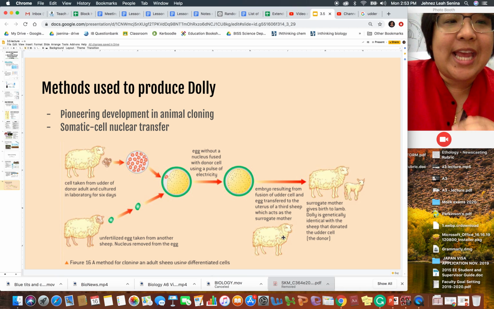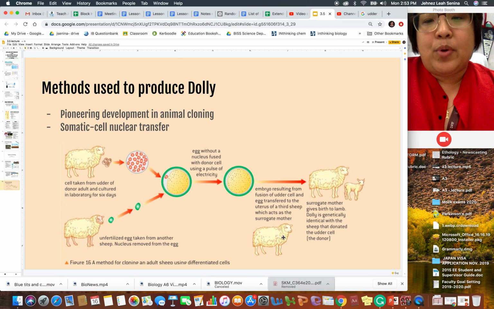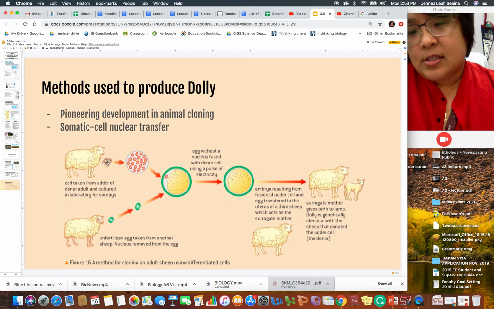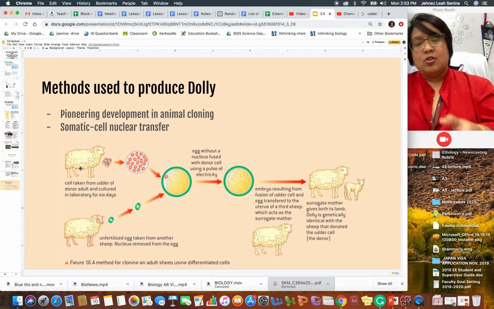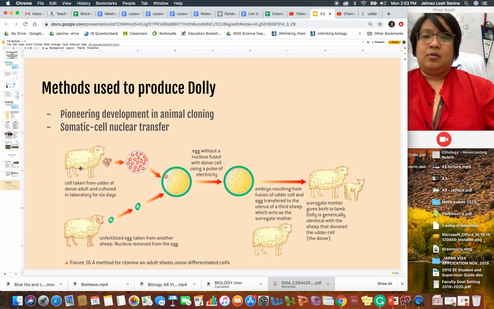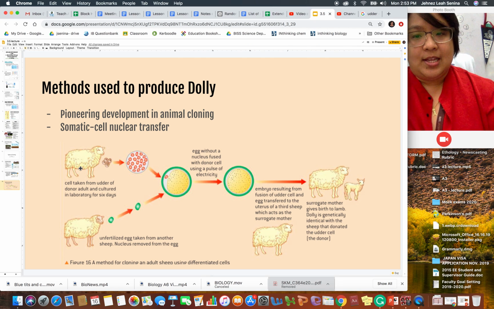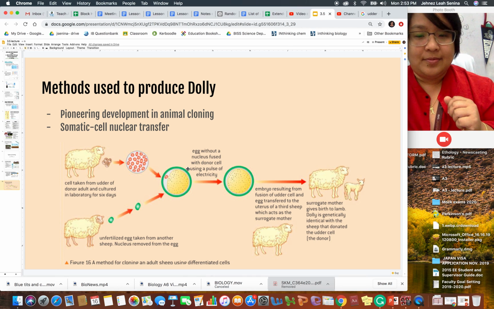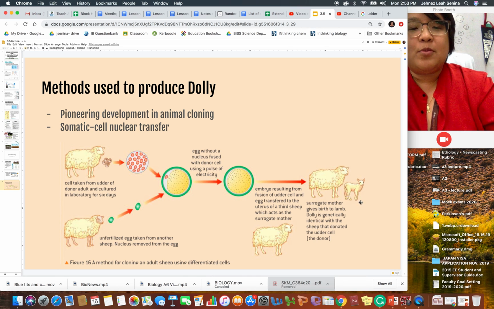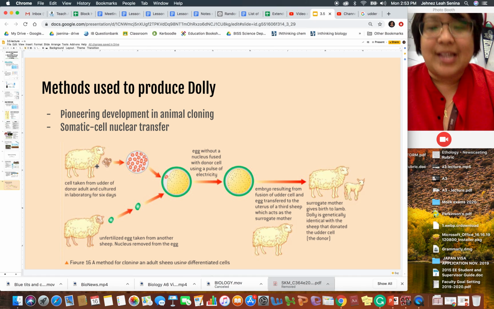This one is just the carrier of the embryo. But Dolly the sheep is exactly the same as this. So we call this technology somatic cell nuclear transfer. Somatic means body cell. So you're transferring the nucleus of your somatic cell into an empty egg cell. And the offspring will be an exact identical copy of the source of your somatic cell.